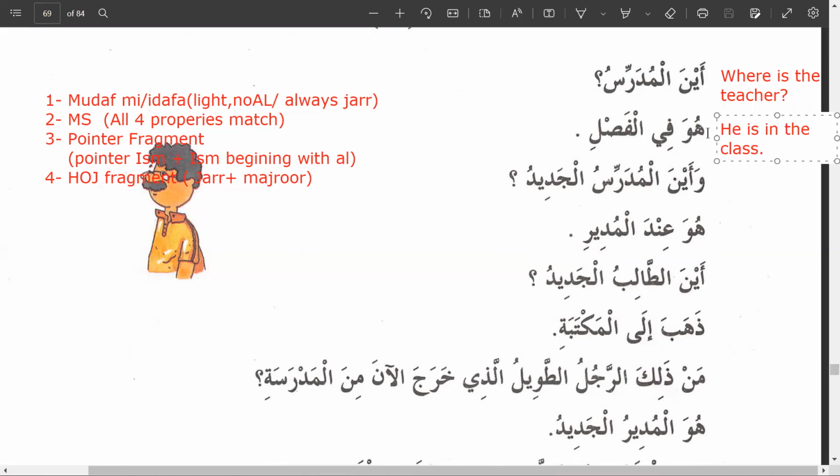We are not going to analyze question sentences, but even if we find some fragment in question sentences, we can identify those fragments. Huwa fil fasli. Do you see a fragment here?